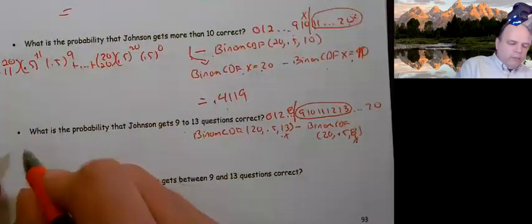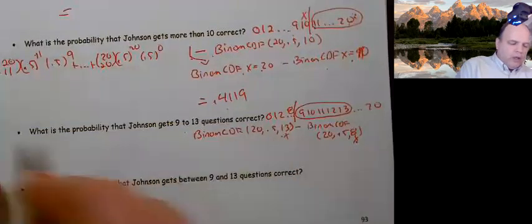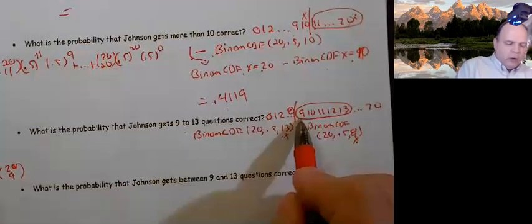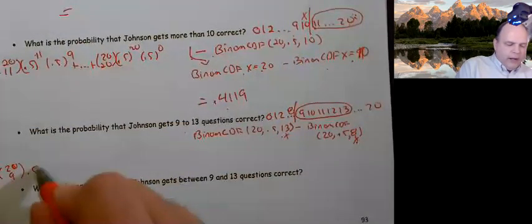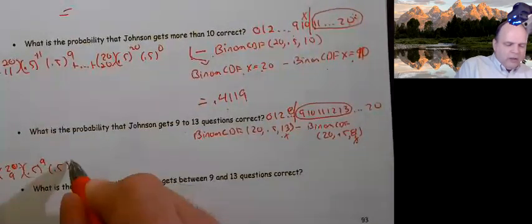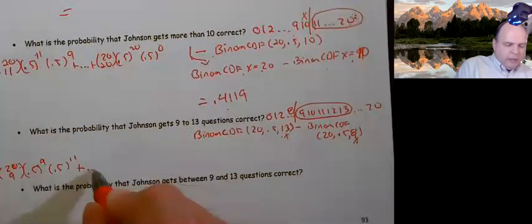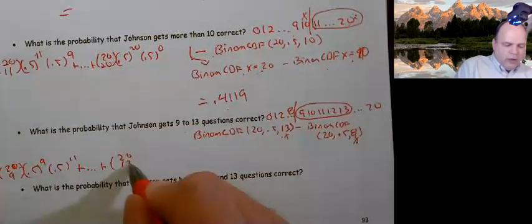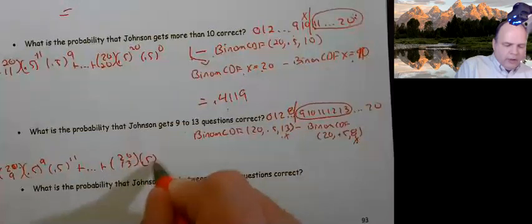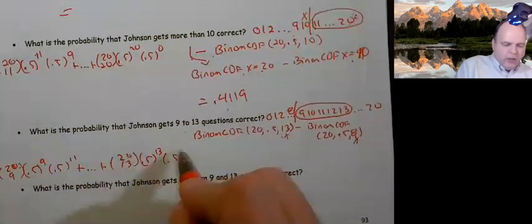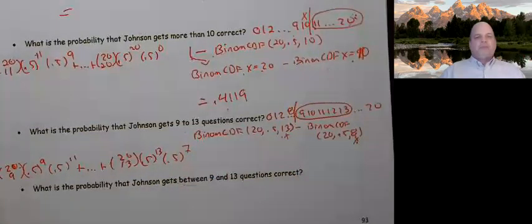So here we go, showing our work. Our work is lowest to highest. So 20 choose 9, because that's our lowest PDF, 0.5 to the 9th, 20 minus 9 is 11, plus ... plus 20 choose 13, 0.5 to the 13th, 0.5, 20 minus 13 is 7.